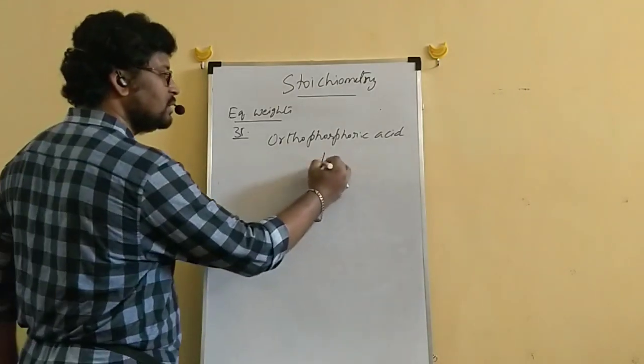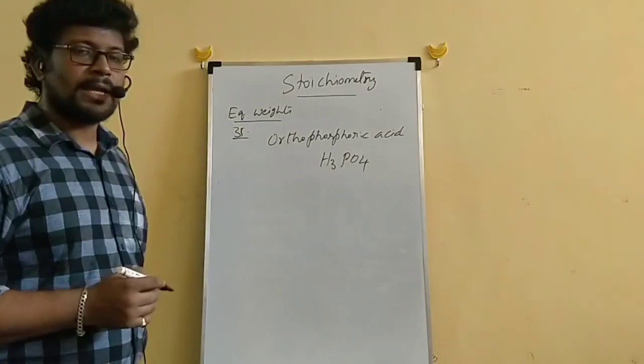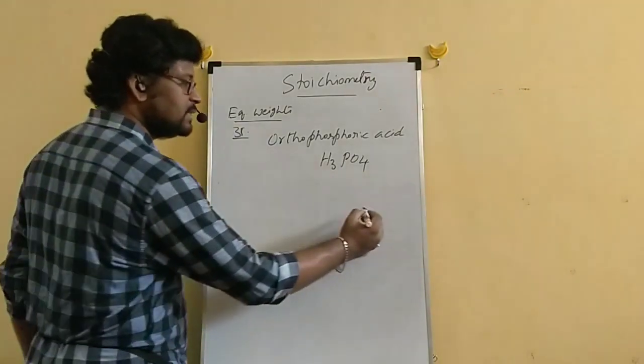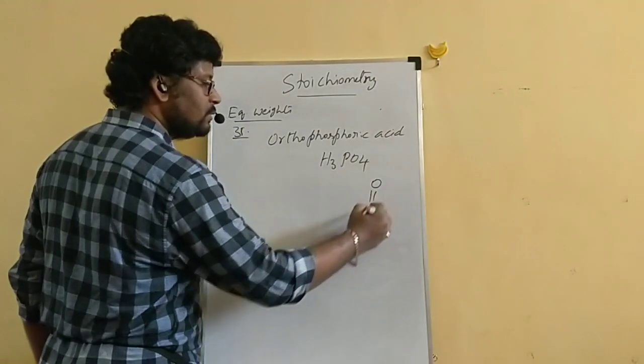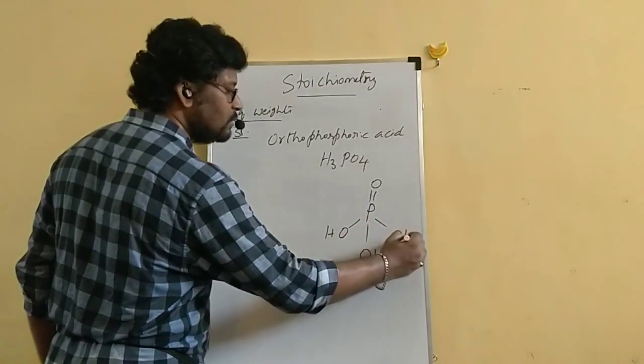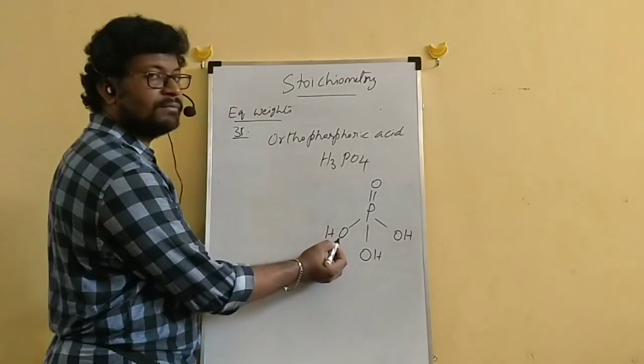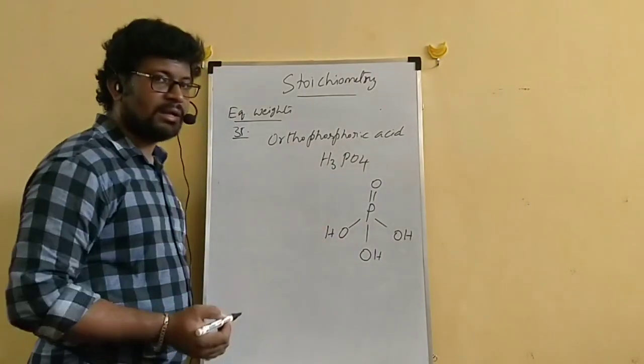Orthophosphoric acid formula is H3PO4. Structure of this one is P double bond O, OH, OH and OH. Hydrogen which is bonded to oxygen is the one that gets replaced.